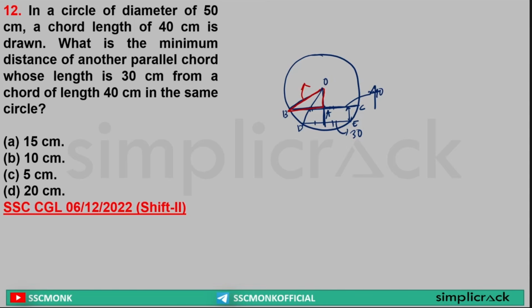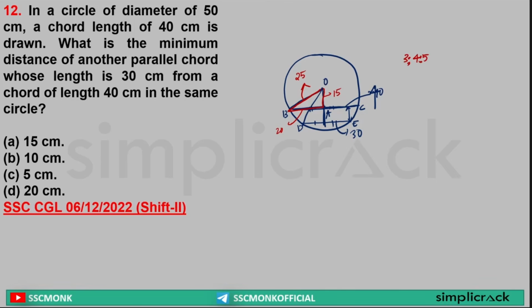And OB is given what? Sir, OB is given, diameter 50, means radius is equal to 25 centimeter. AB is given what? Sir, AB is half of this chord, that is 20 centimeter. Sir, if one part is 25, another is 20, then this part will be 15.